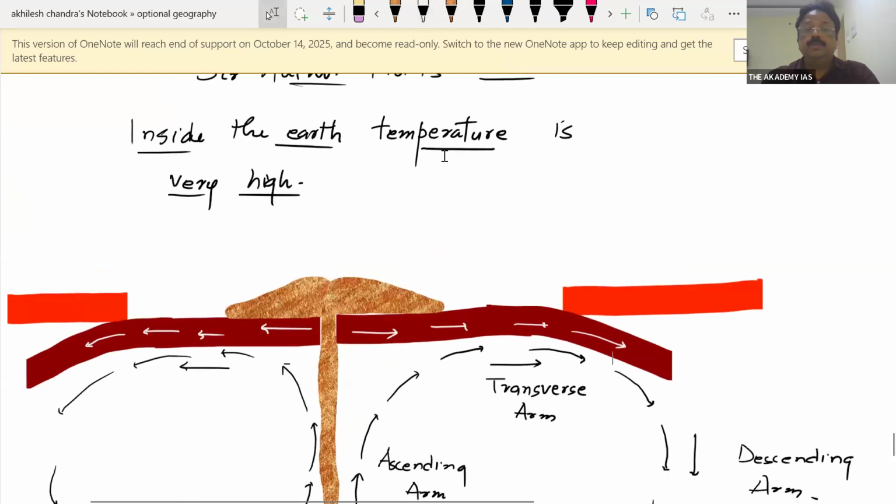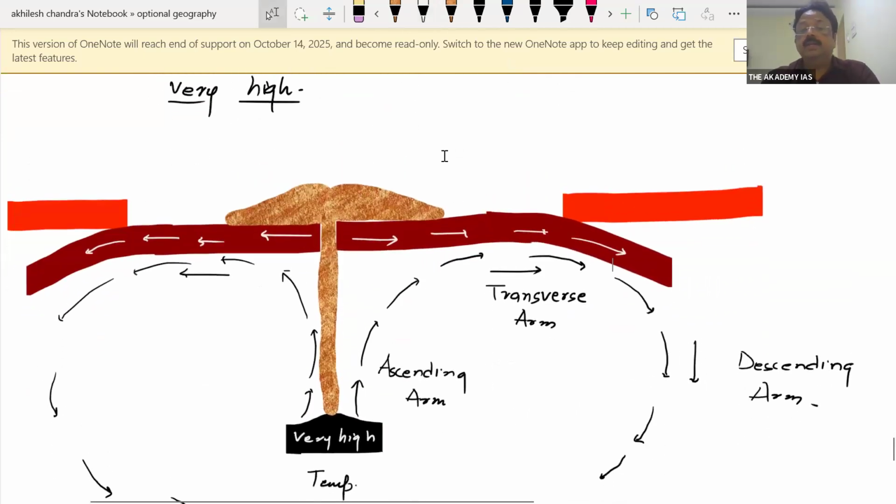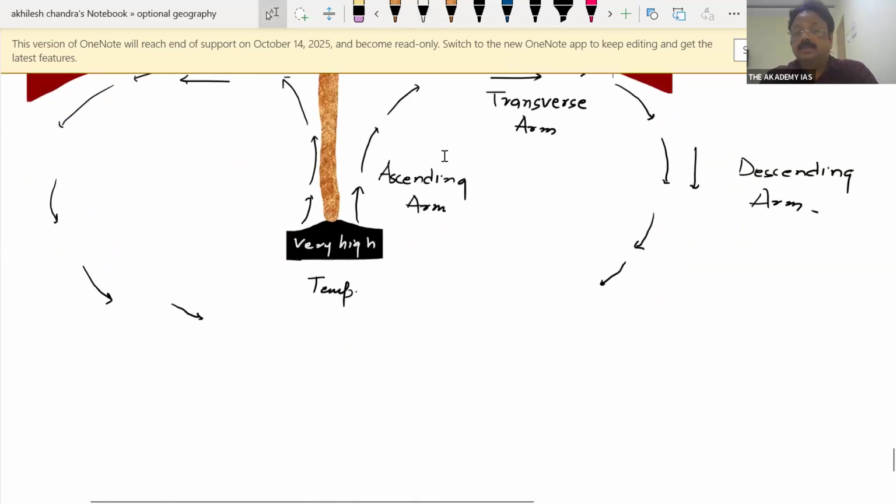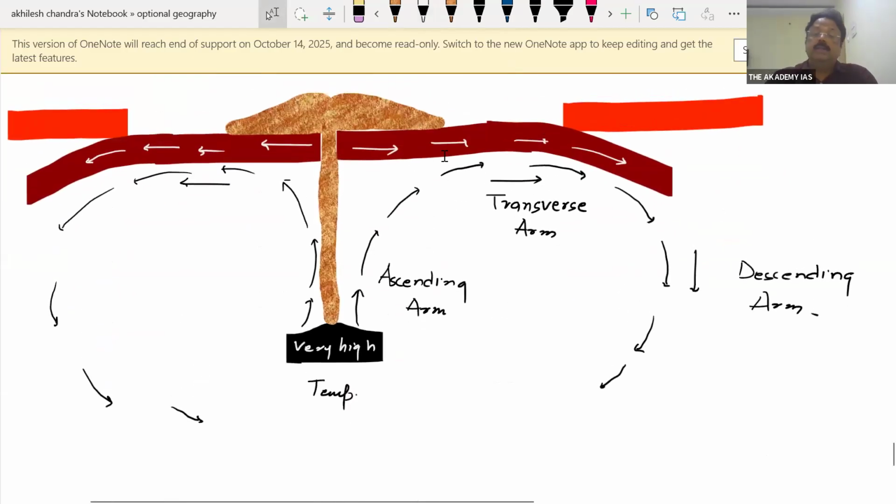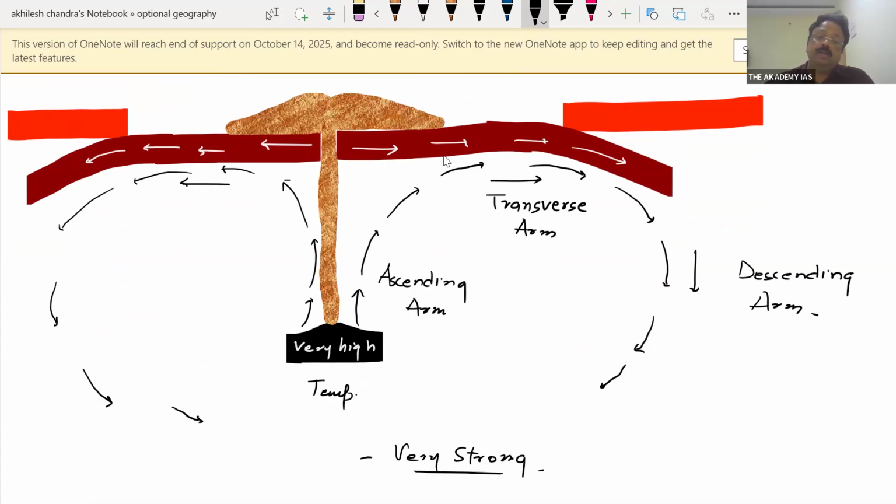Fine. So inside the earth, there is very high temperature from where the convectional currents are formed. They are very strong and they have peculiar arms also. Number one, there is the ascending arm. It raises the magma up. There is the transverse arm that drags the crust apart.